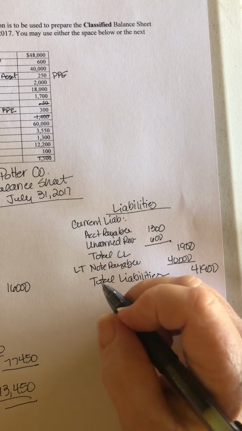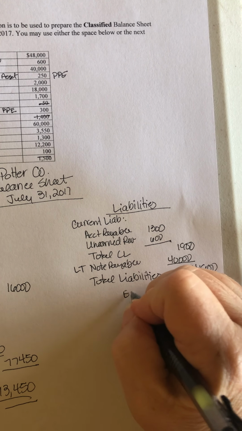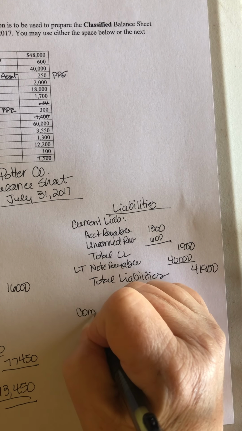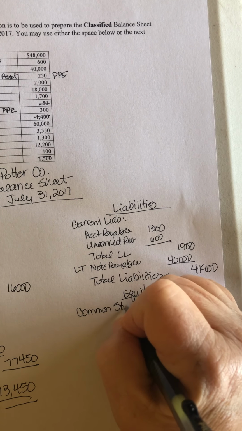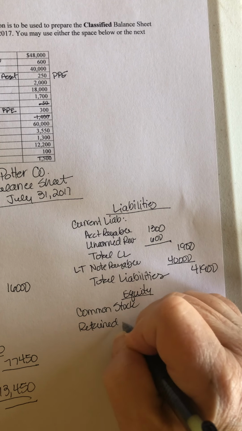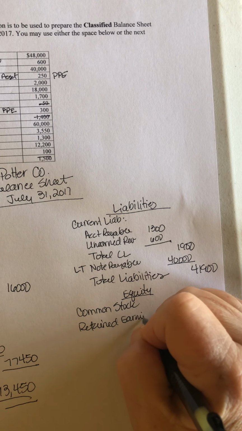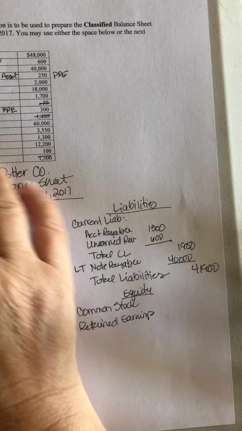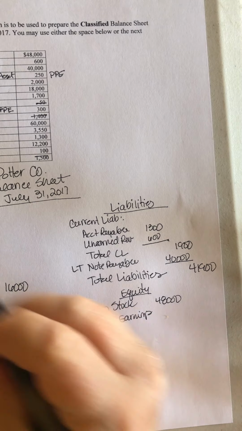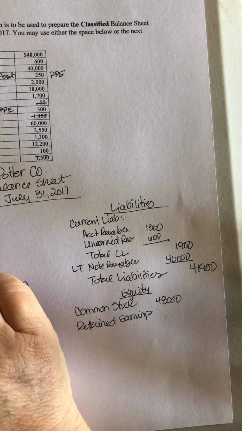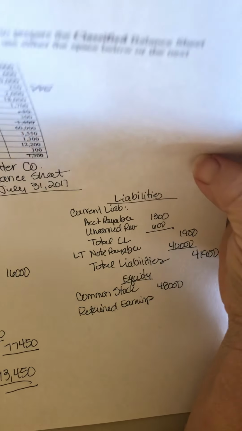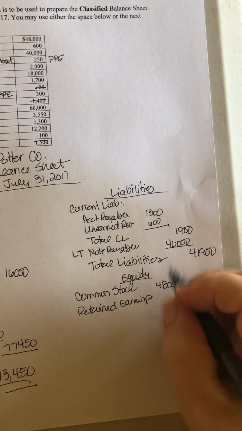All right, then I'm gonna have my equity. I'm gonna have common stock and retained earnings. All right, my common stock is 48,000. My retained earnings are 3,550.